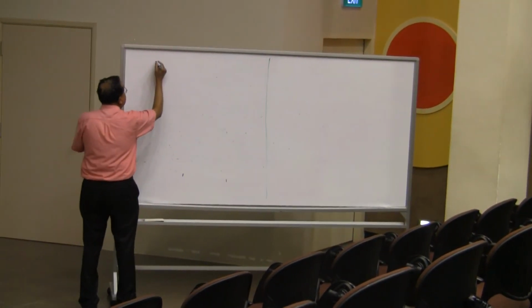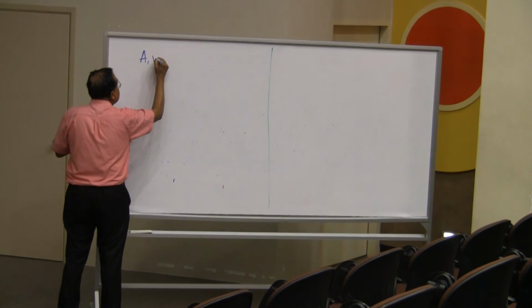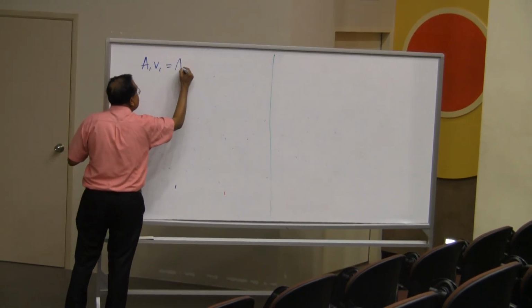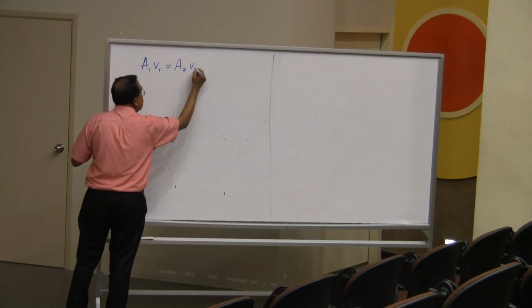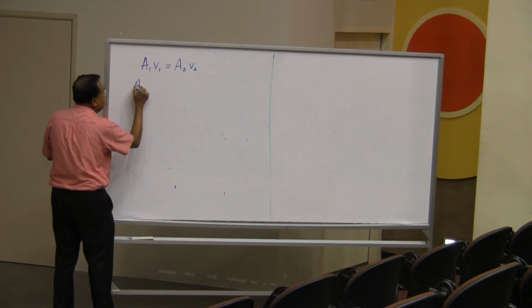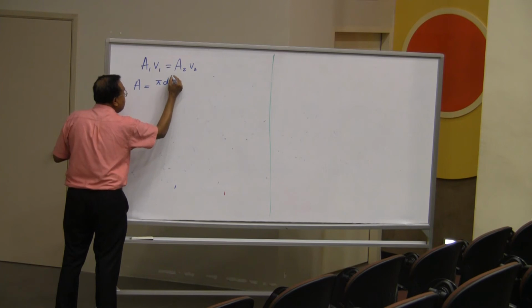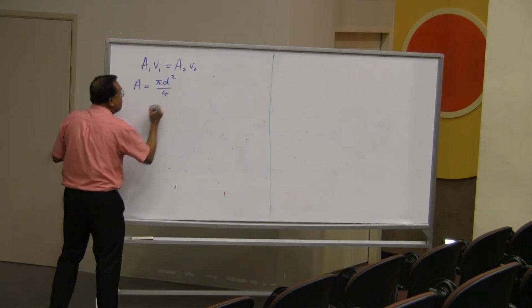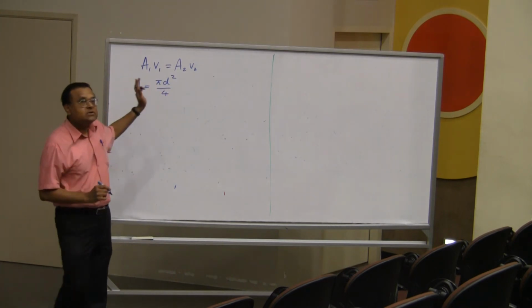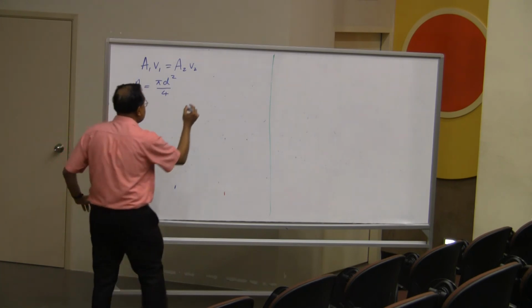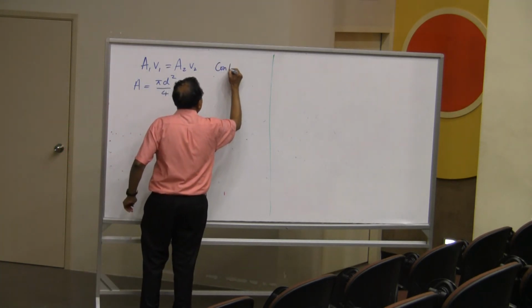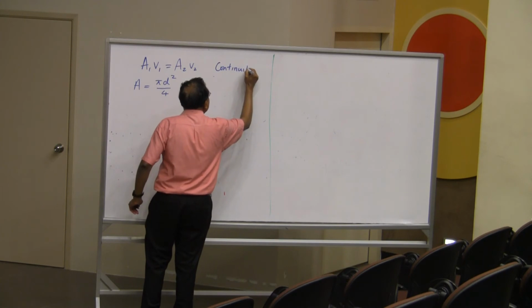One is this famous one, A1 V1 equals A2 V2, where A is the area, A equals pi d squared over 4. Okay, this is called the continuity equation. So you will not be given this formula.